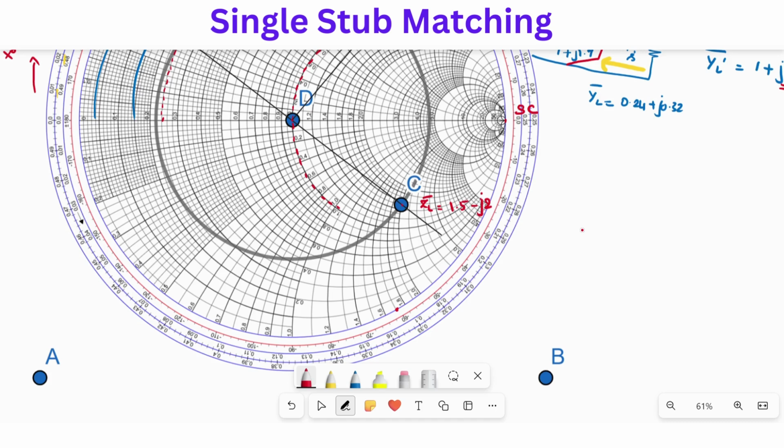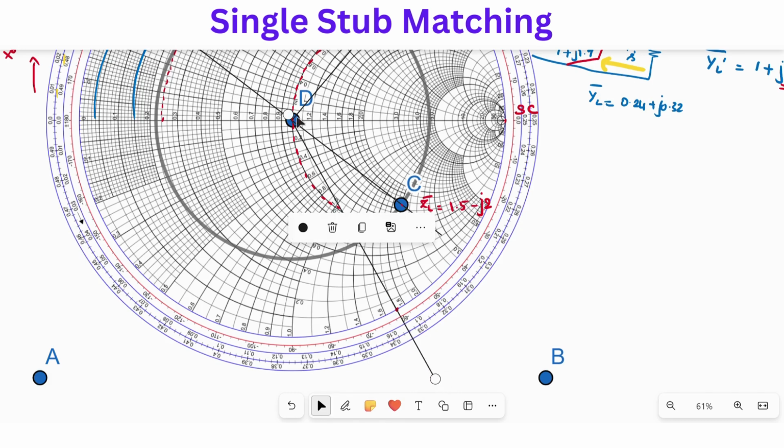That is why I'm marking it on the outside circle. So we are going to draw a line from the center towards this reactance and I'm extending it outside.